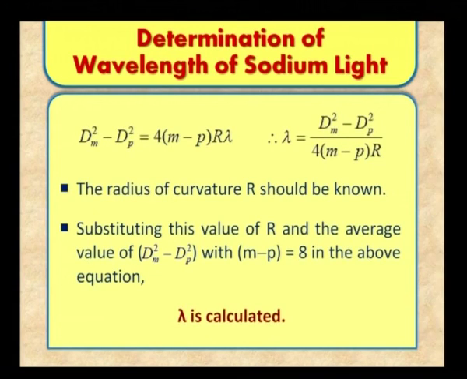It is the usual sodium vapor lamp. What is the wavelength of the sodium vapor lamp? It is 5890 or 5896. You know, the sodium vapor lamp is not strictly a monochromatic source. It emits light of two wavelengths, 5890 angstroms and 5896 angstroms, the difference being only 6 angstroms.